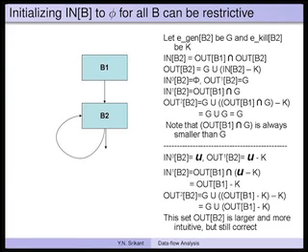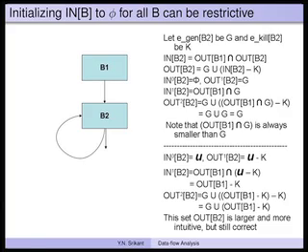So, out B2 is again from the equation E gen, that is G, union in B2 minus K. So, out B2 is E gen union in B2 minus whatever is killed by this, that is K, E kill of B2 is K.